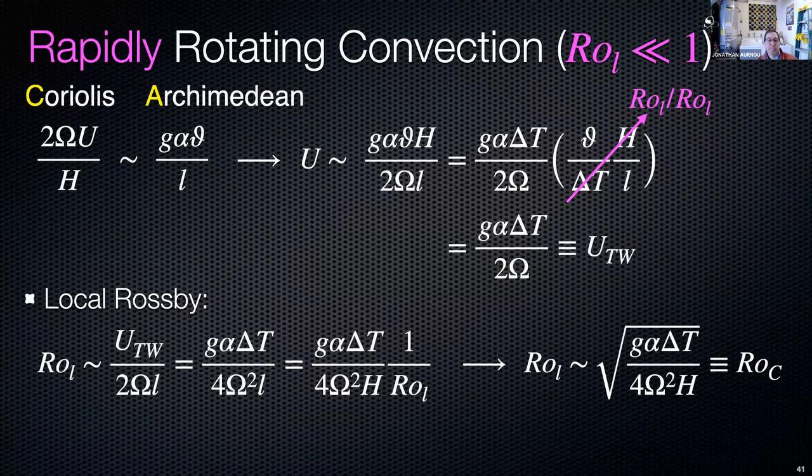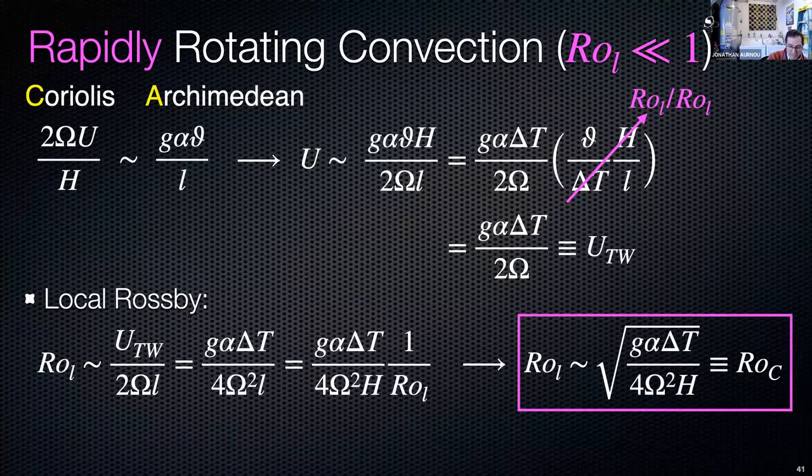So the local scale dynamics, which are defined in a sense by ROL, are once again scaling with ROC. They're again scaling with the convective Rossby number. And that's novel. I want to point out that's not Gilman.